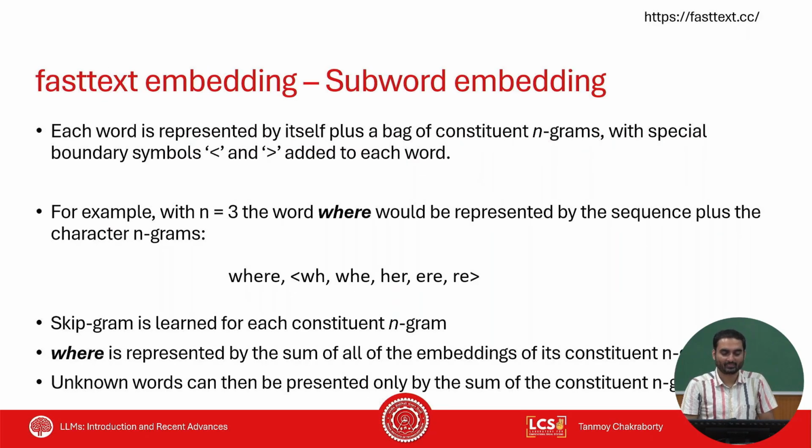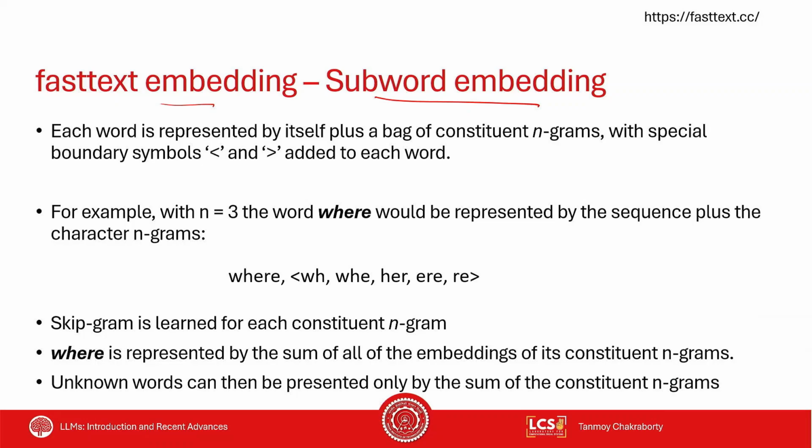To address this problem, what people suggested is something called subword embedding. So from word, I move to subword. What is a subword? A subword is a sequence of characters. The method that was proposed by Facebook is called fastText. FastText is a subword embedding method, very much the same as skipgram, and again, I will not go into the details of this.